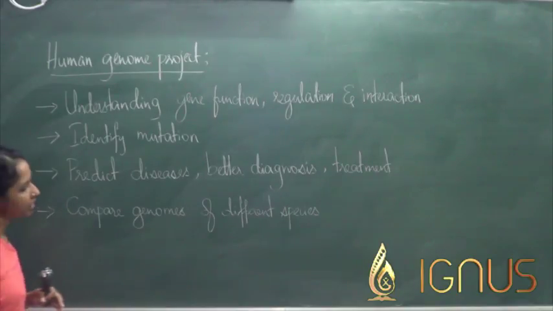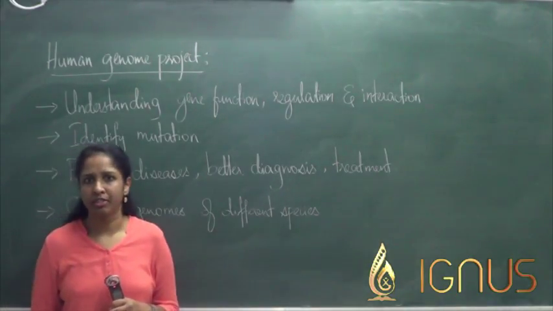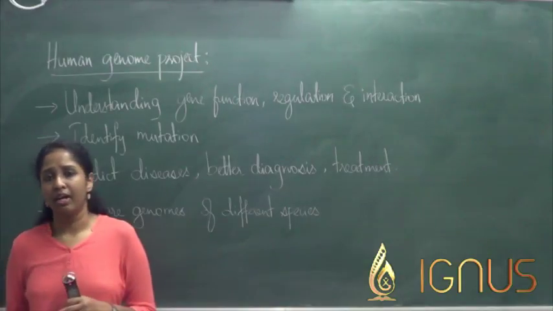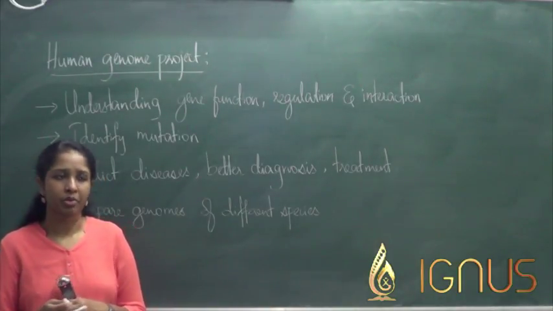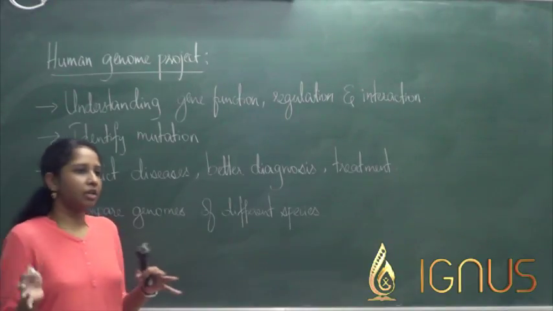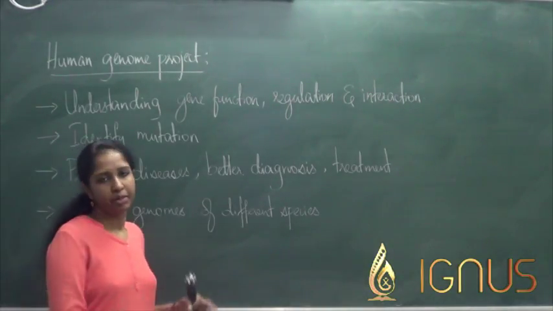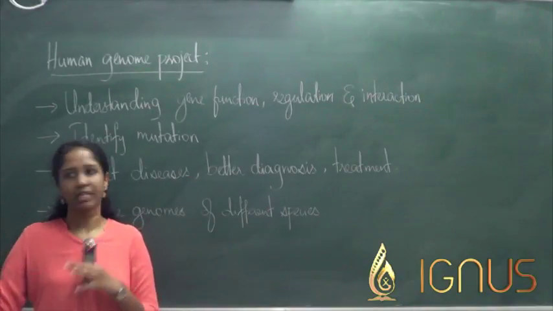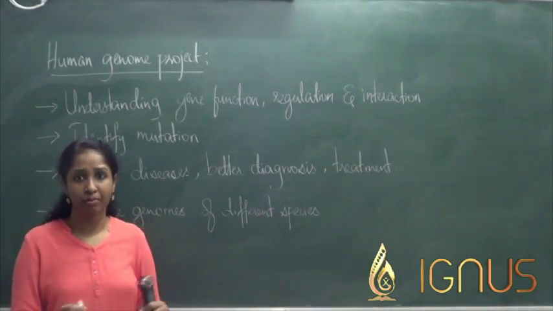The last thing was to compare genomes of different species. This is comparative evolutionary biology that we are talking about here. Based on the human genome, we can compare it to the genome of, let's say, apes. We can compare it to the genome of bacteria. We can compare it to the genome of mice.